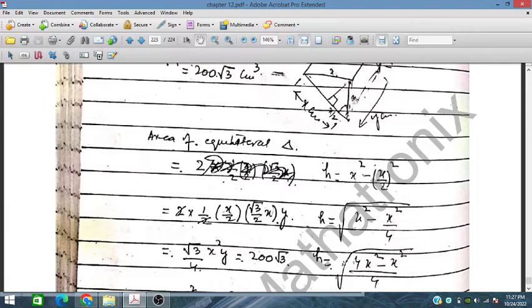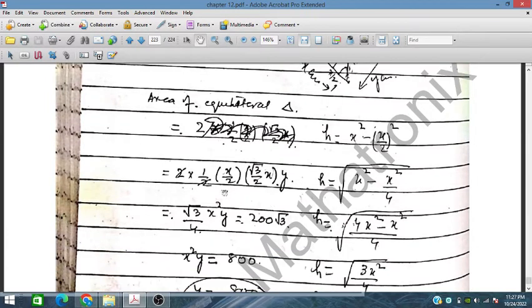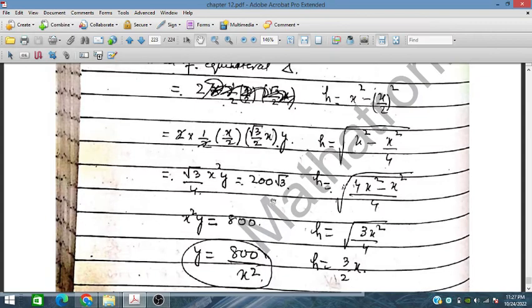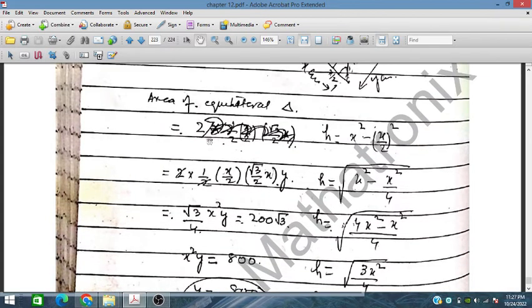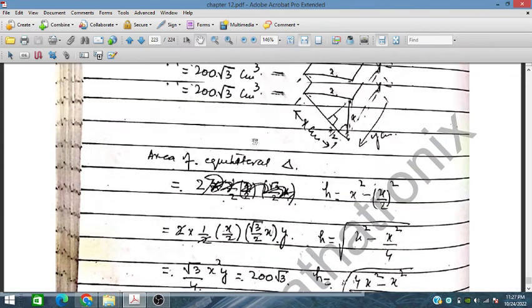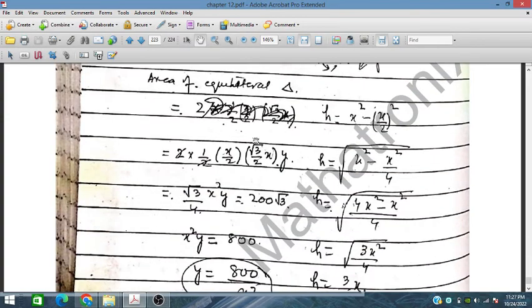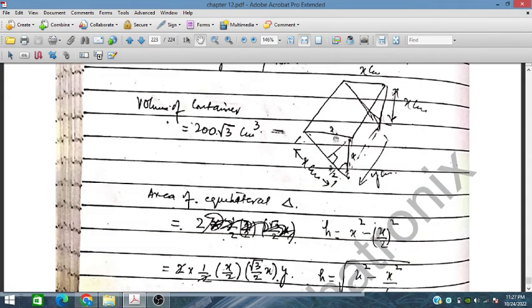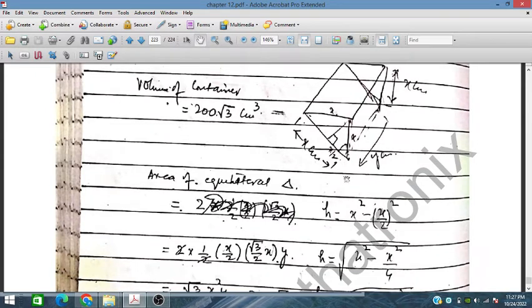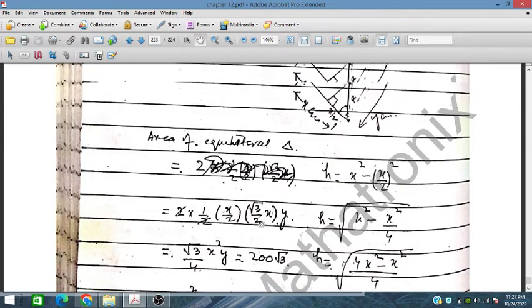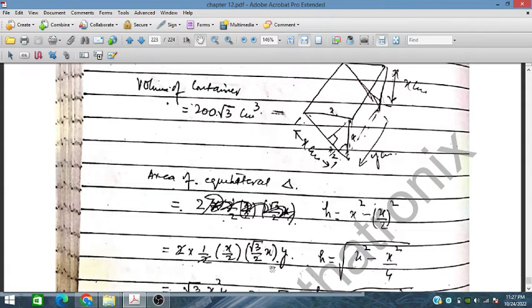The length is y. Area multiplied by the length gives the total volume, and this volume is equal to 200 root 3.